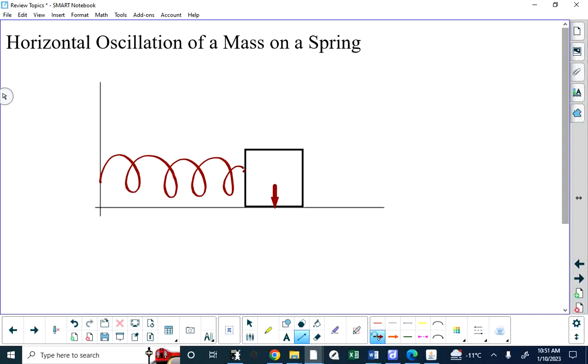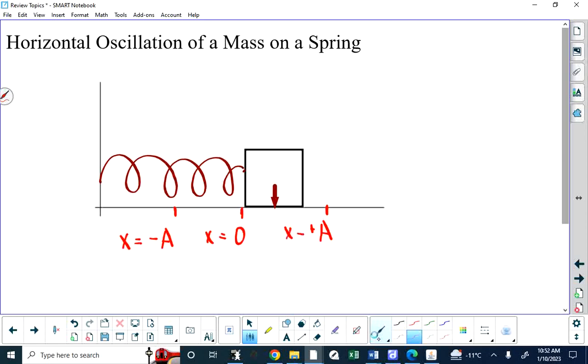This mark will go from some point over here, which I can call the negative of the amplitude, to some point over here, which I can call the positive of the amplitude, to some point halfway in between. And these are all displacements, and we would say that the displacement halfway in between is x equals 0.